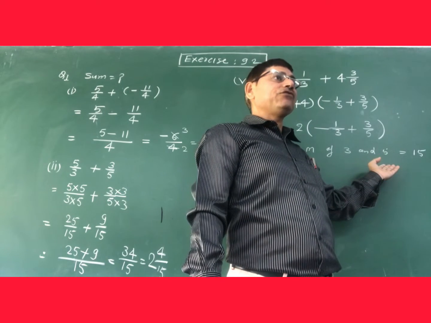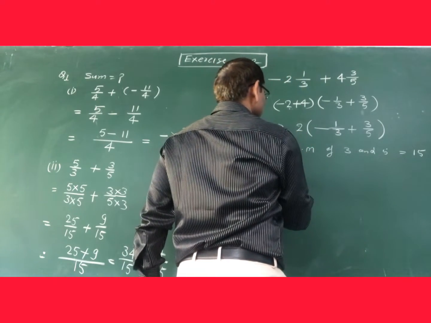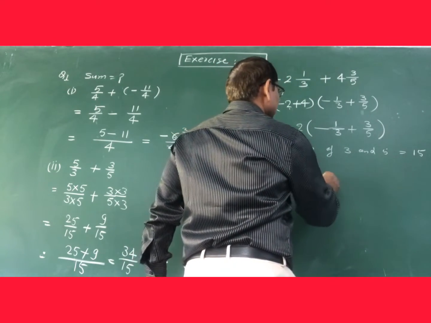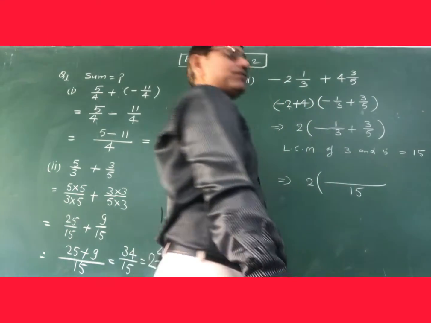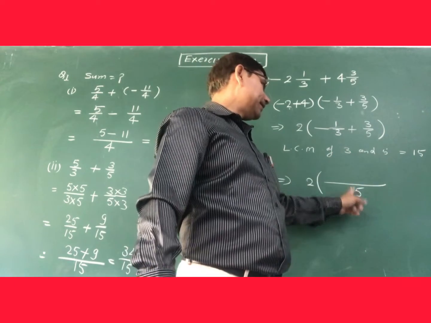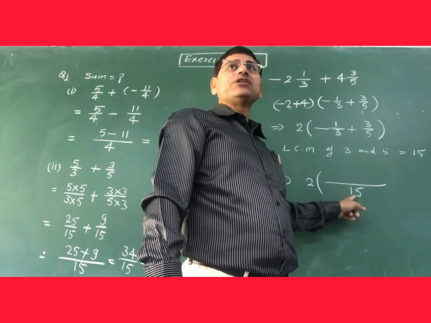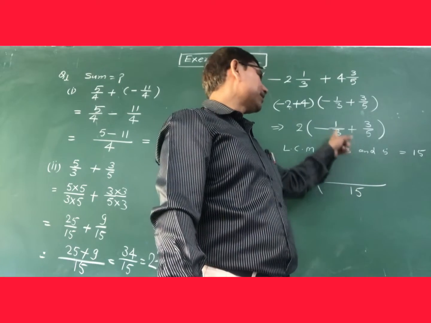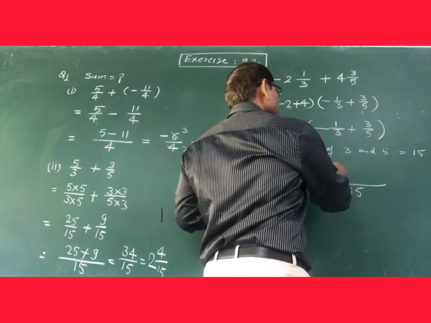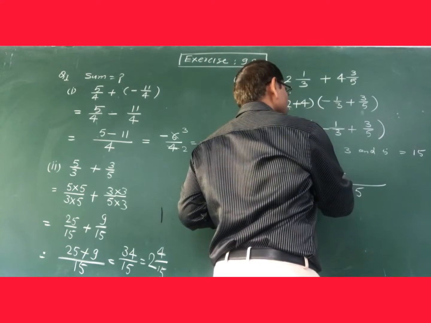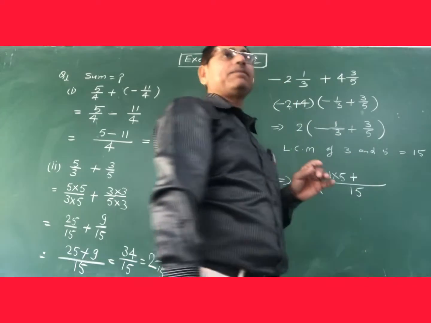You will get 15. So dear, this 2 you will write only single time, and then here you will write the LCM, that is 15. Now you divide this 15 by 3. 3 fives are 15, and 5 is multiplied in the numerator, that is 1 into 5, and the sign is minus, so you will put minus, and then this is the plus sign, so you will put the plus sign.